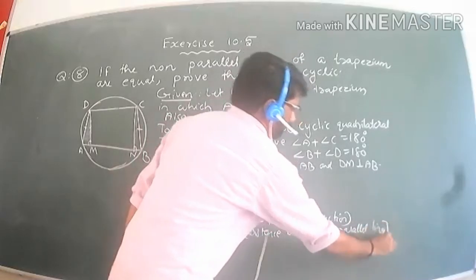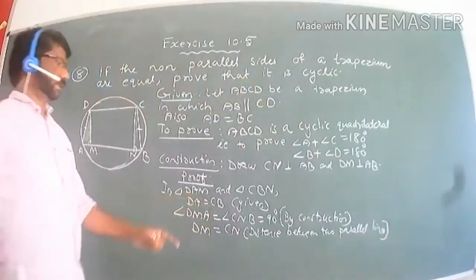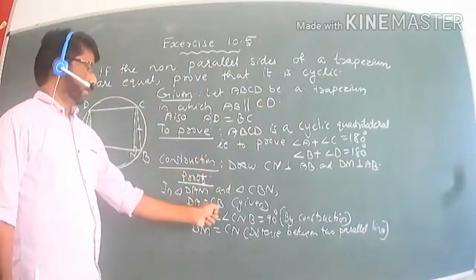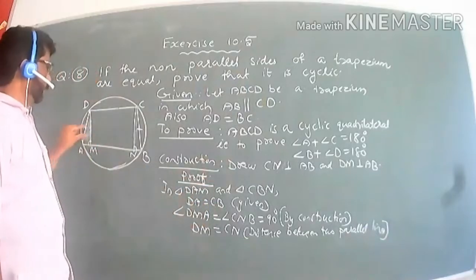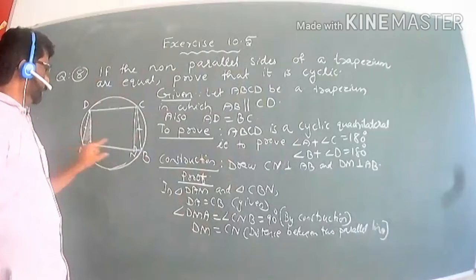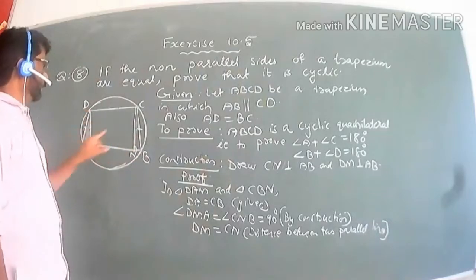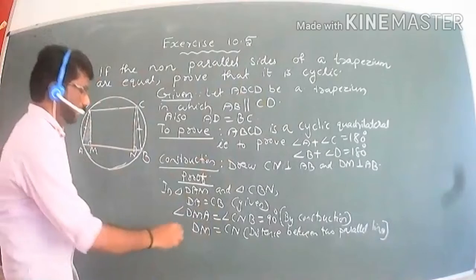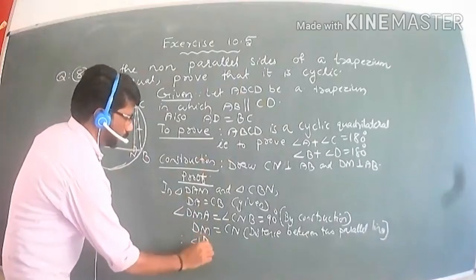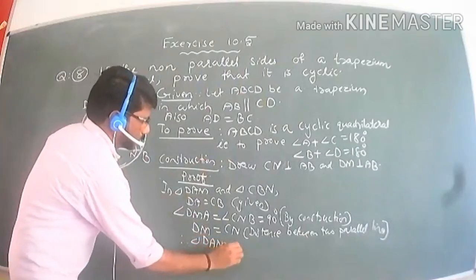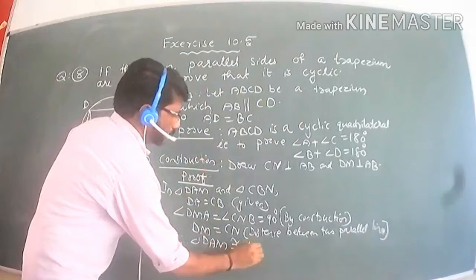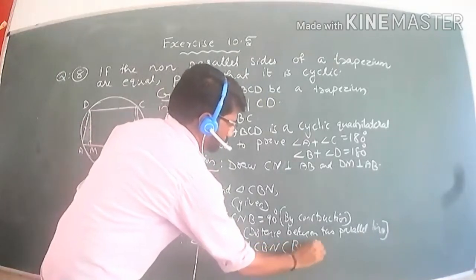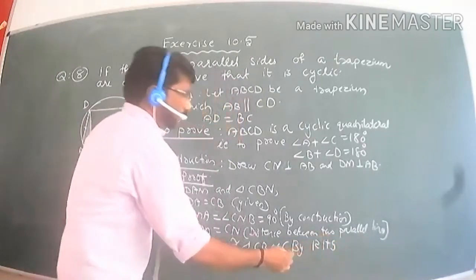Distance means perpendicular line only, so distance is same. So from these two triangles we have proved hypotenuse is equal to hypotenuse, and these two are right angles, and one other side also equal. So by RHS congruence rule, triangle DAM is congruent to triangle CBN.